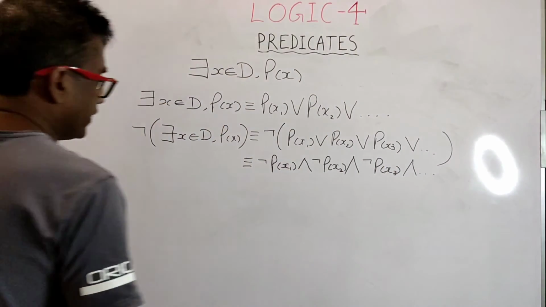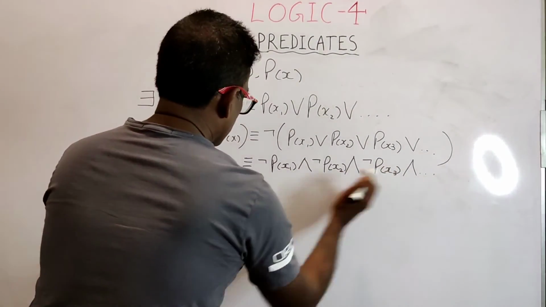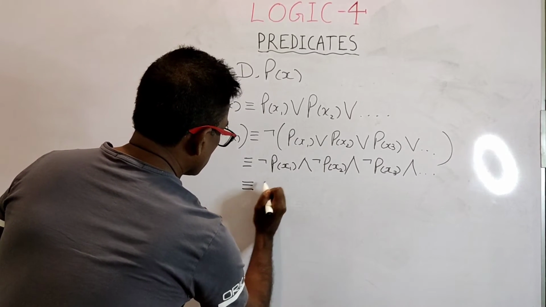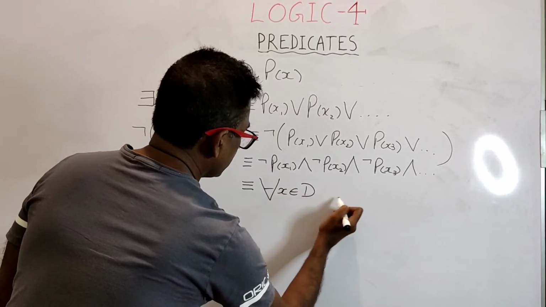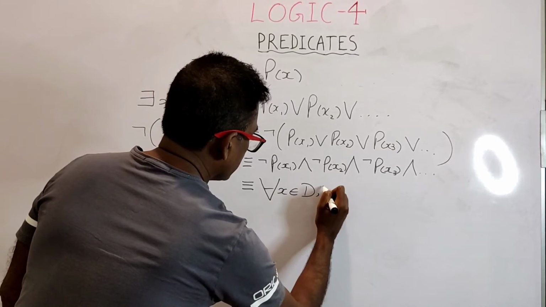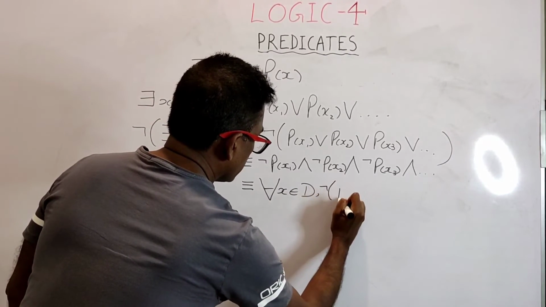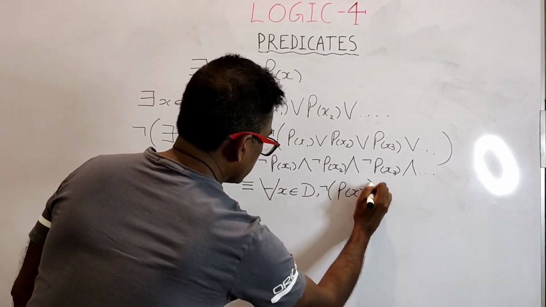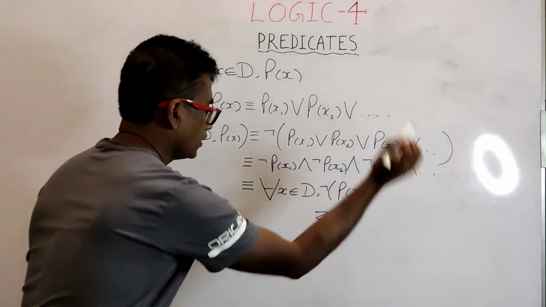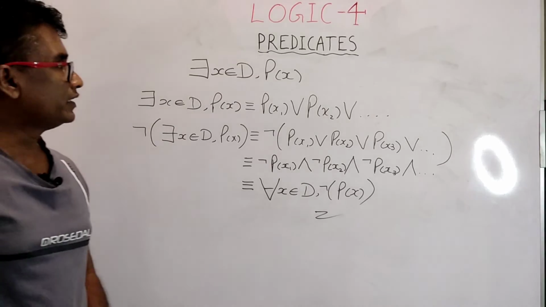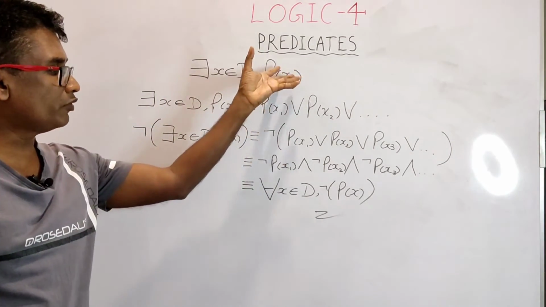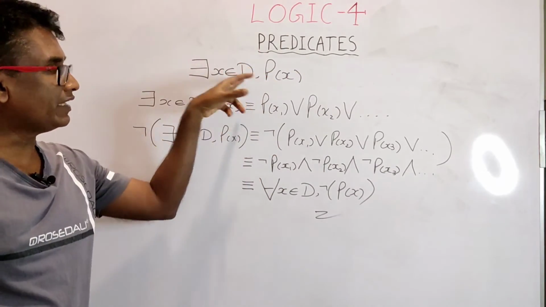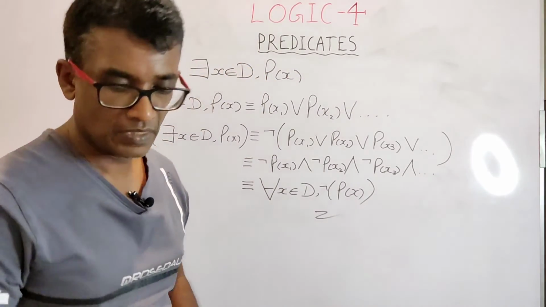It continues like that. So this means for all x in D, this property does not apply. That is how we are going to prove it if someone comes with a statement like that.